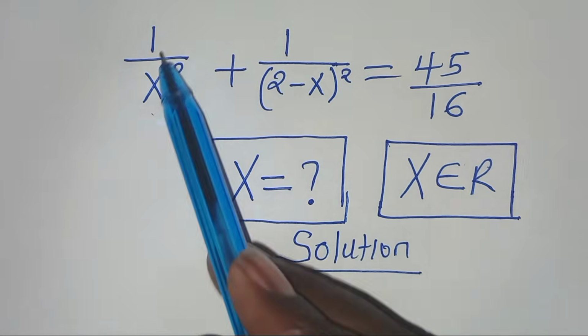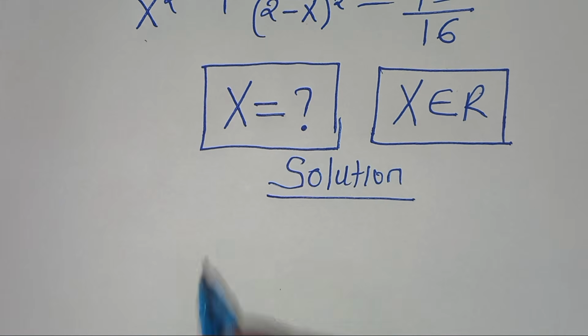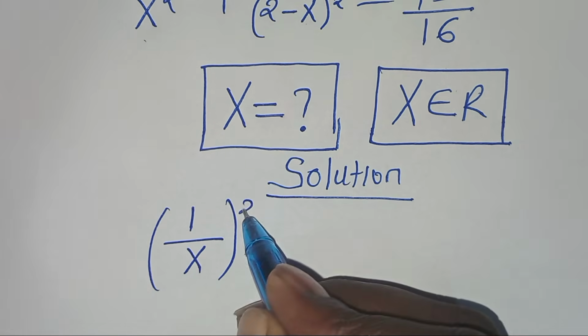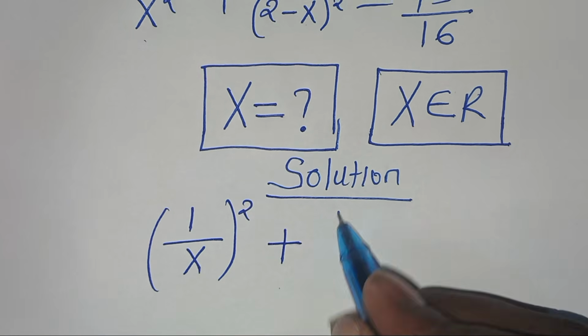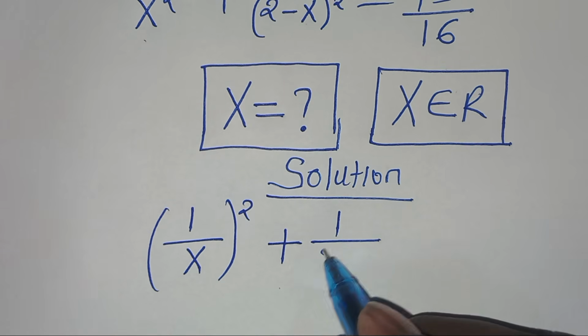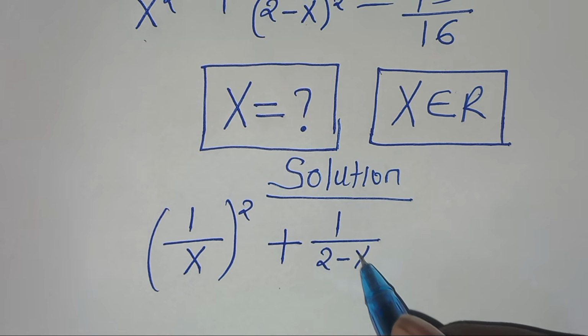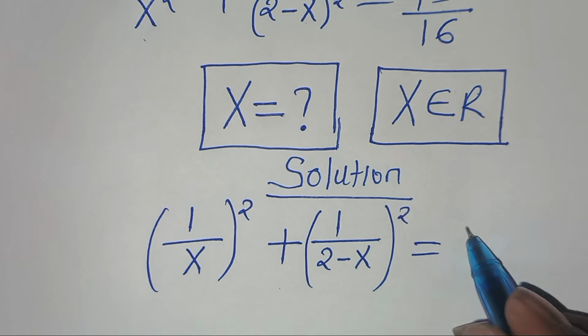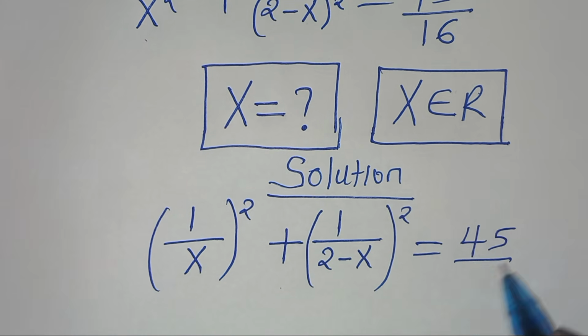We can express 1 over x squared as 1 over x raised to the power of 2, plus 1 over 2 minus x raised to the power of 2, equal to 45 over 16.